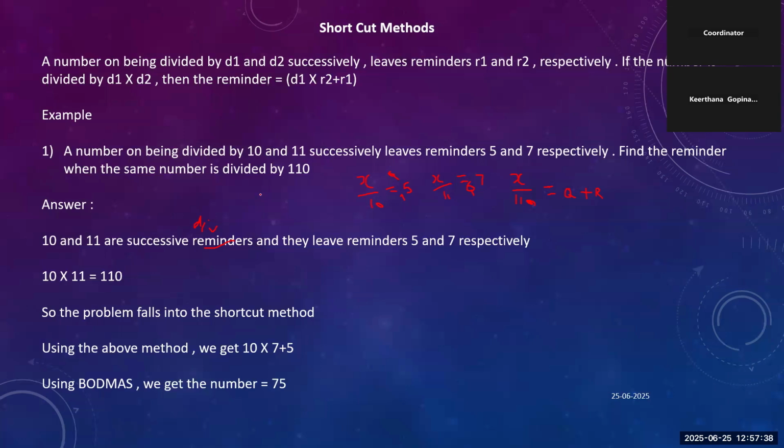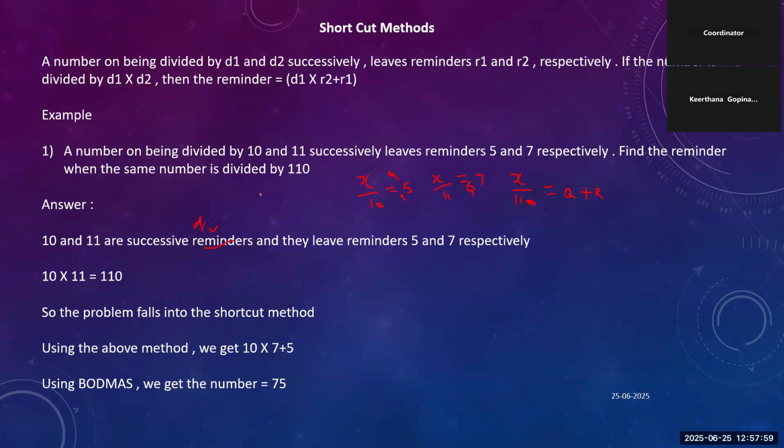Here the logic is the number should be divided by two successive numbers, 10 and 11. Successive means immediately it follows each other. It can be 10 and 11, or 15 and 16, or 25 and 26, 30 and 31, something like that.